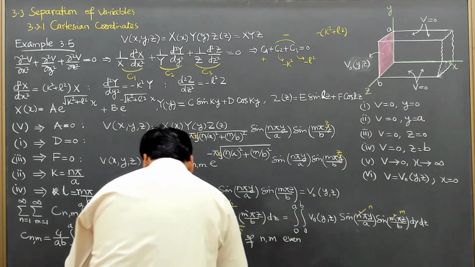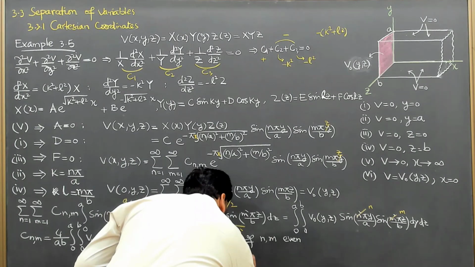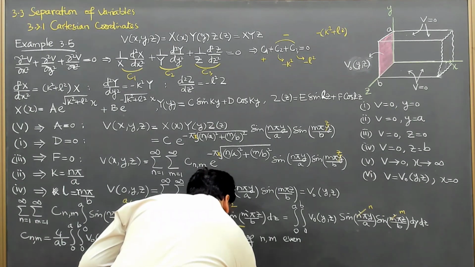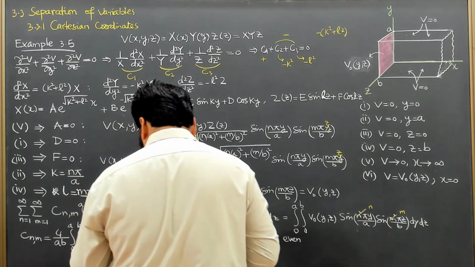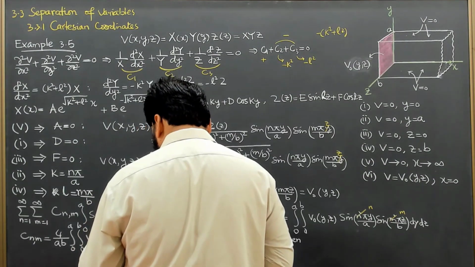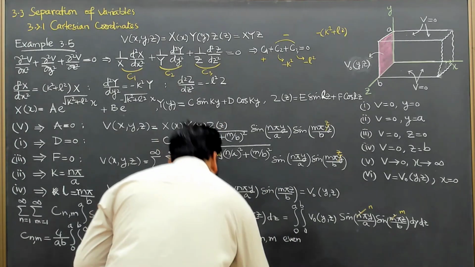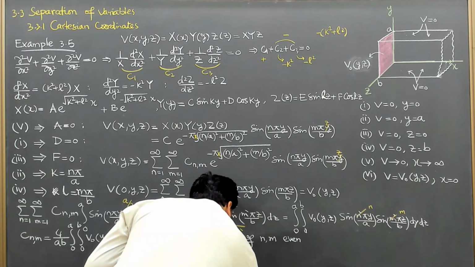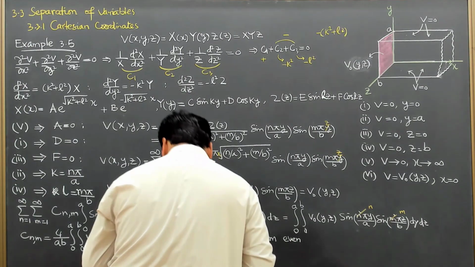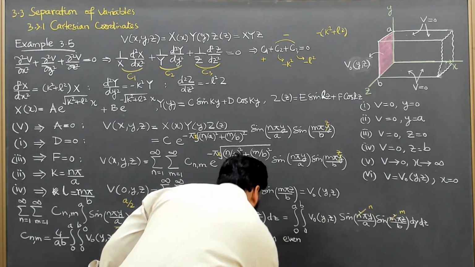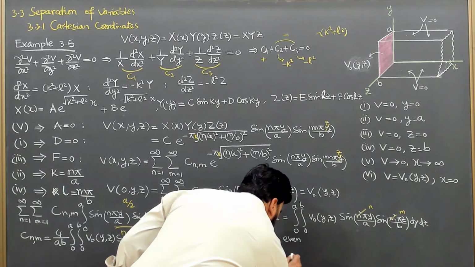It will give us 0, and otherwise this is equal to 4 times this value over ab, which gives 16 V naught over pi square nm, if n and m are odd.